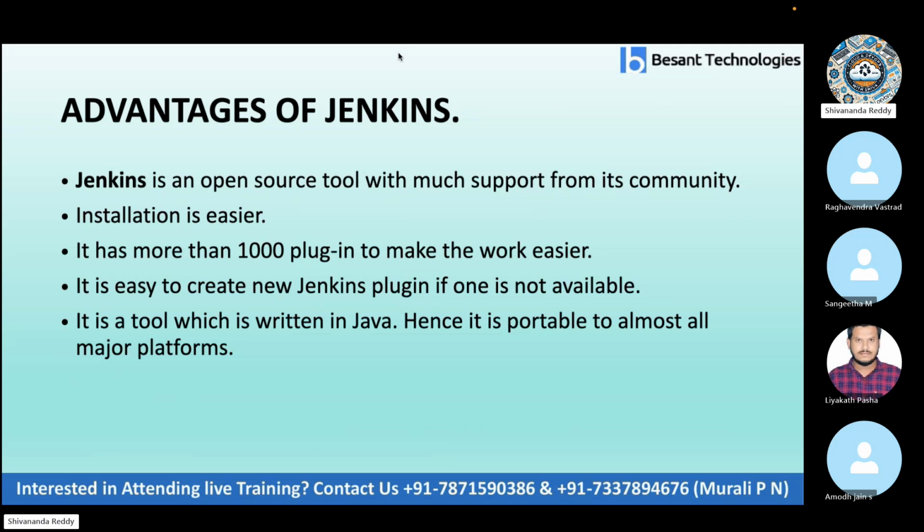That means if the plugin is not available, we can download it, or we can create our own plugin also. It is written in Java, and it is portable to almost all major platforms. That doesn't mean that Jenkins only supports Java projects. Jenkins can also support Maven. Jenkins also supports Python, Node.js, .NET, Ruby, then React.js. Like this, multiple things will be supported. Clear, guys?